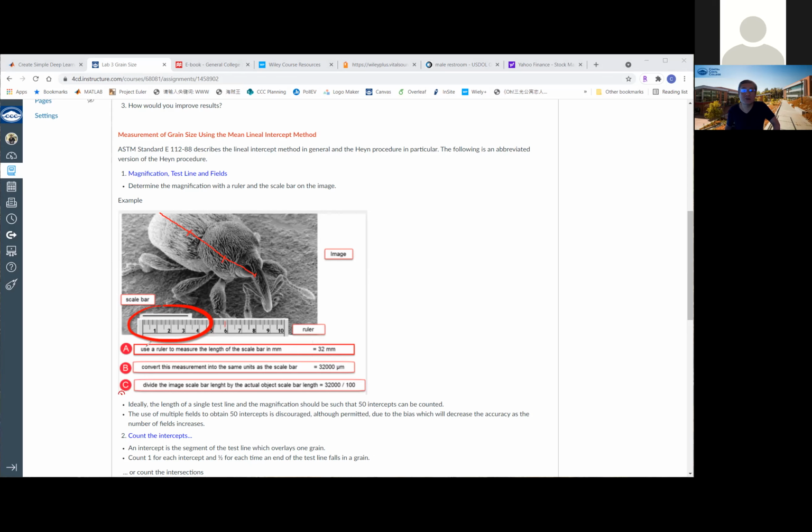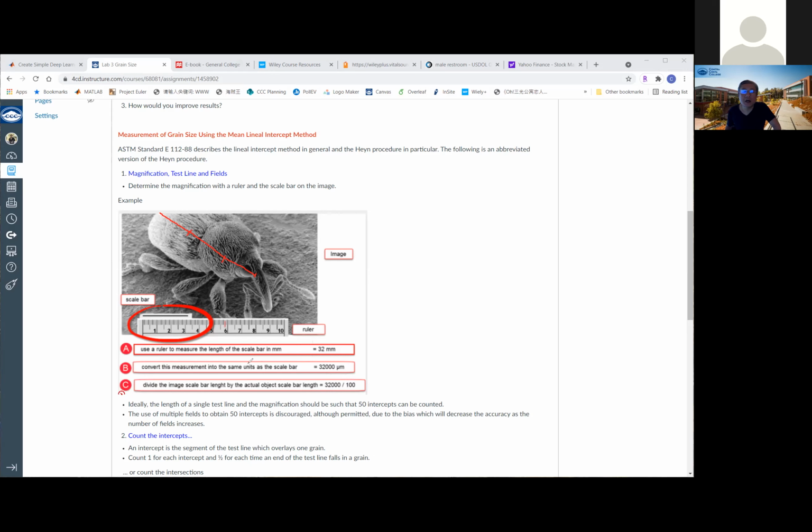In this example, we use a ruler. I got 32 millimeter, which is the length of this scale bar. And the scale bar length, they give you like 32,000 micrometer. That's how they tell you how much the length represents on the image. Then you take the ratio of these two, and that gives you the magnification.